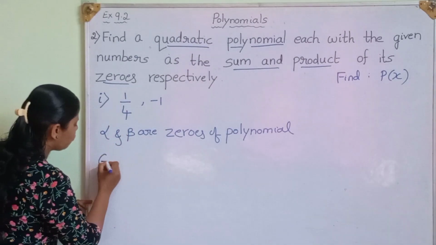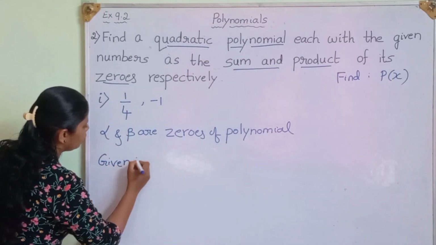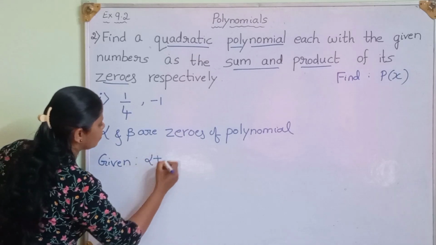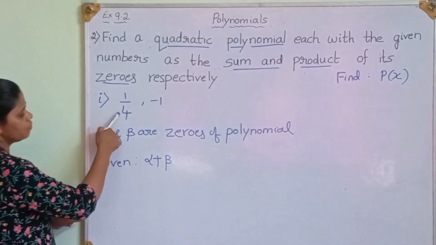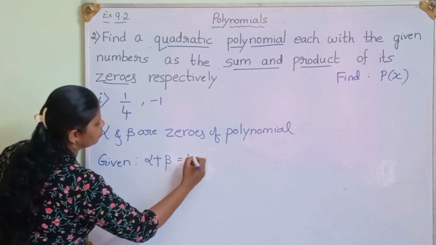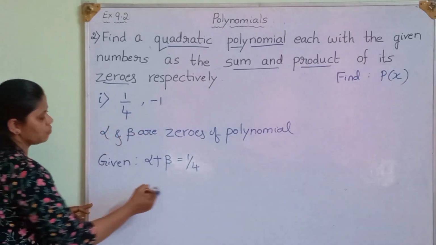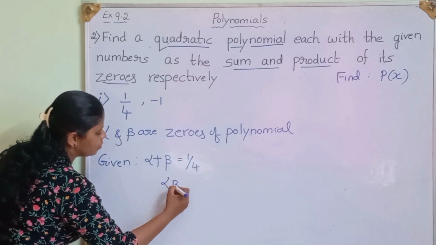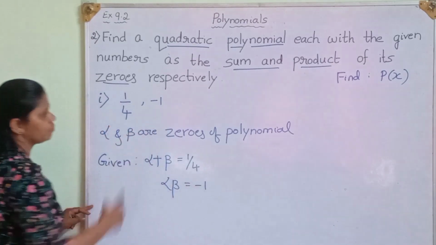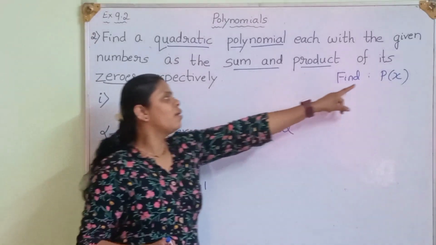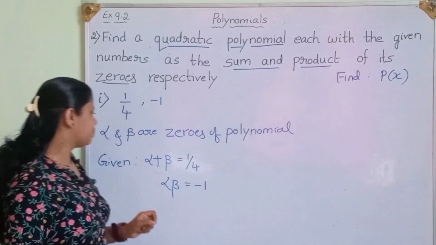Means what is given in the problem? Alpha plus beta, the sum, is 1 by 4. Then product of zeros, that is alpha into beta, is what? Minus 1. What we have to find? We have to find p of x.